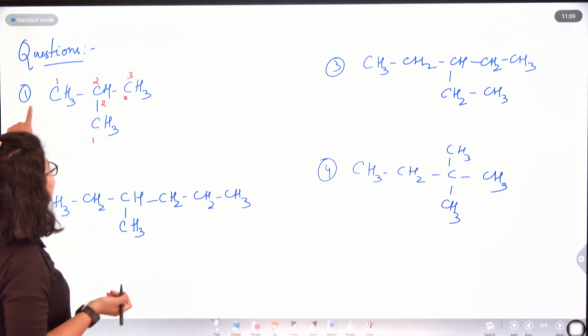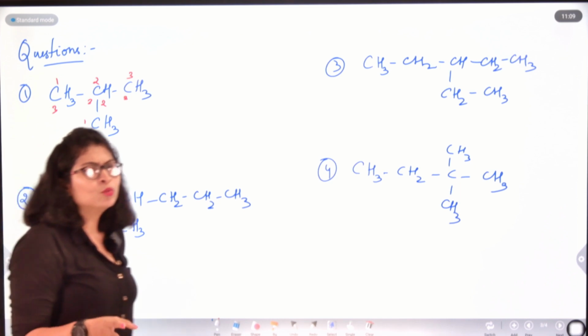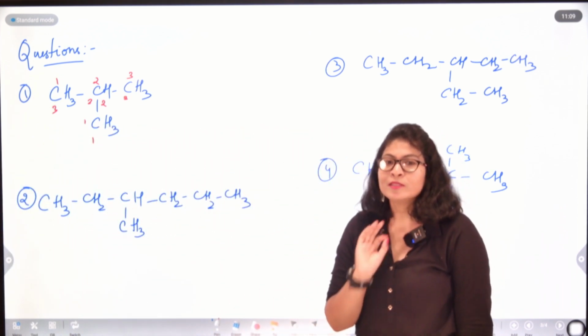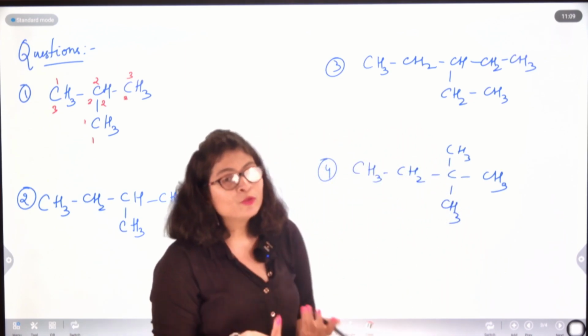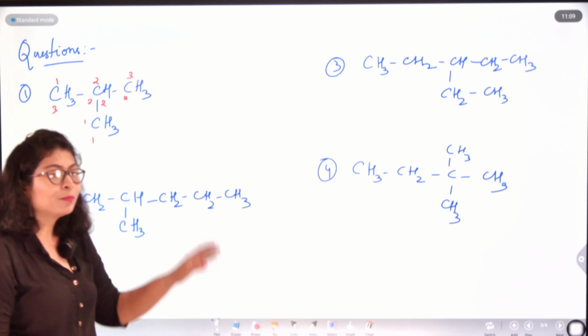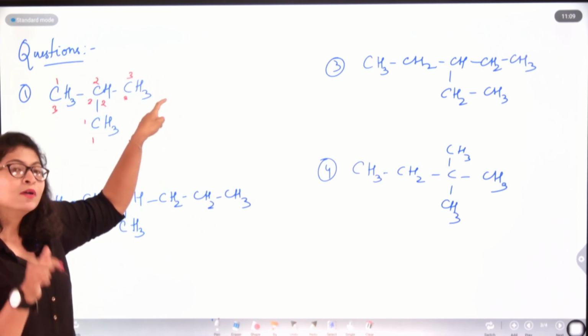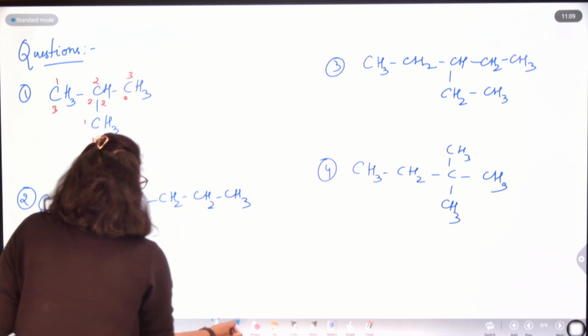If I move from this side, I'll get 1, 2, 3. So whatever permutation combinations I apply, I'm still getting 3 carbon atoms on my way. So I have to make peace with the fact that the primary chain of this particular compound will have 3 carbon atoms. Got it?